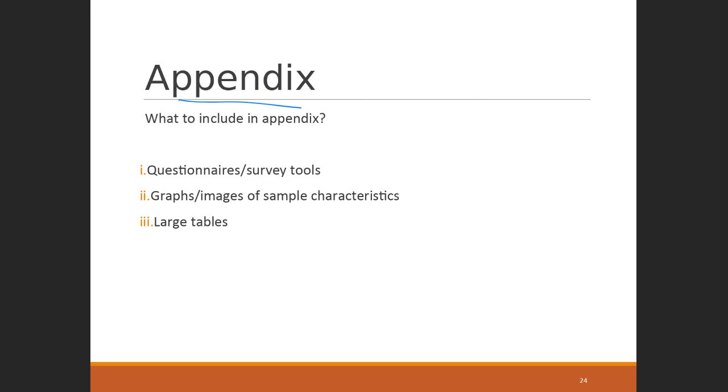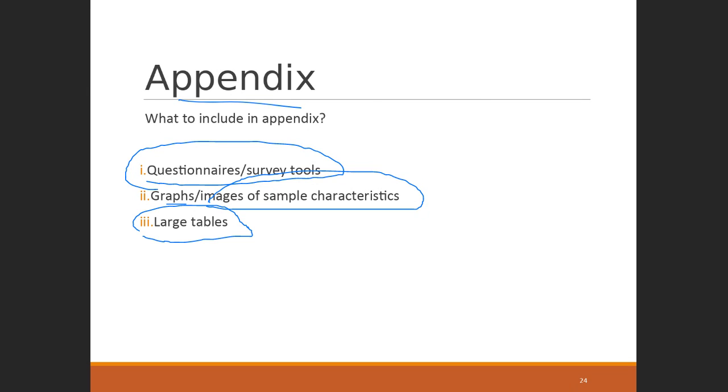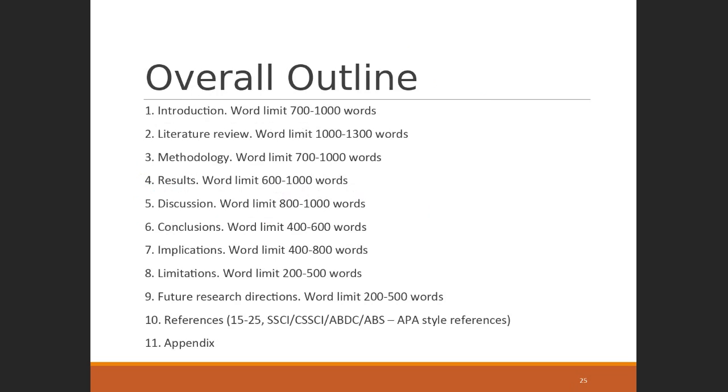You can include questionnaires or survey tools in your appendix. You can include graphs. You can include images of sample characteristics. You can also include large tables. Or simply, you can choose not to provide an appendix. It is up to you. Okay, so the appendix is not mandatory, but it is just supplementary material. You can provide the supplementary material in your appendix.